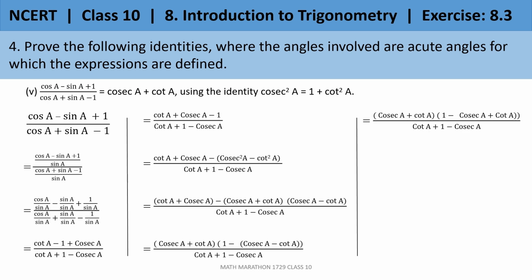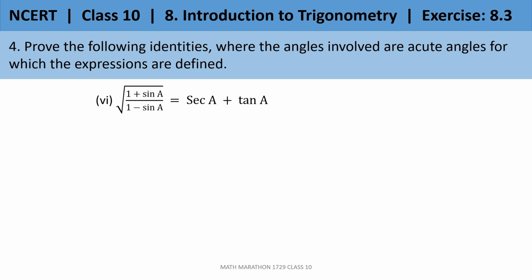Please note that in numerator and denominator, we have 1 minus cosecant A plus cot A. We can cancel out 1 minus cosecant A plus cot A. Is equal to cosecant A plus cot A, which is the right-hand side. So, left-hand side is equal to right-hand side. Hence proved.